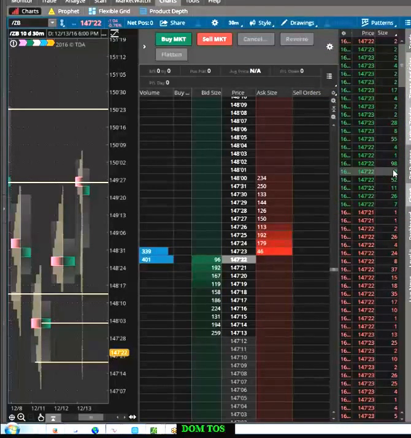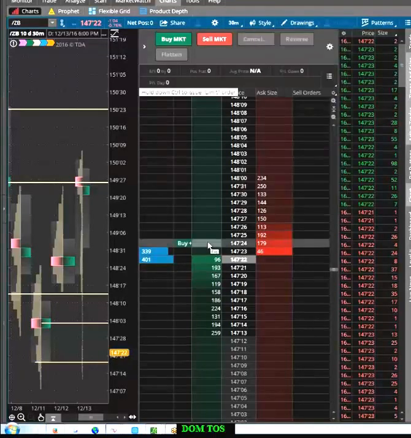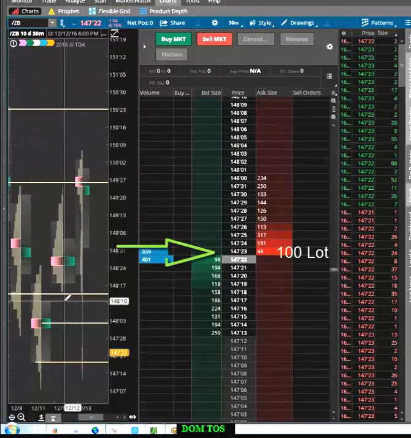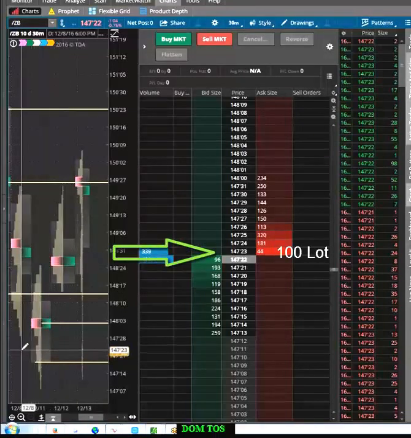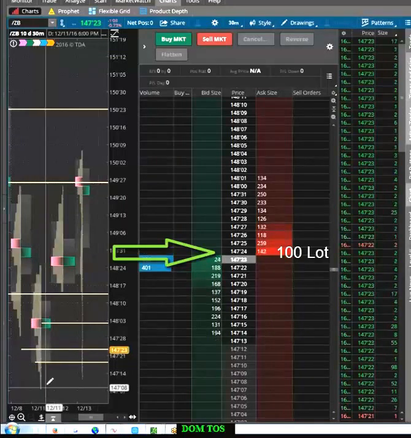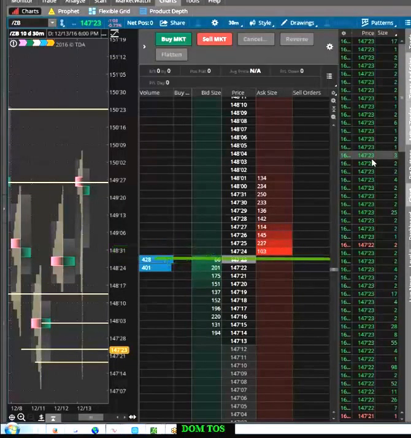So I could say, all right, at 147.23, 147.20, okay, 147.23, that is a level. Now, if I want to buy this, I want to stay above 147.23.